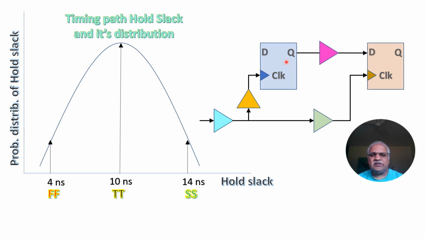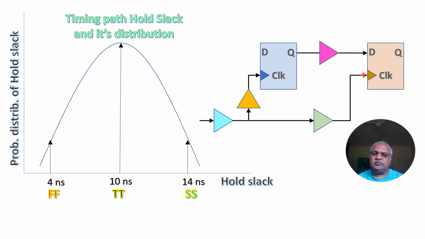This is the launch clock path register, and this is the capture flop. The data will move from here, clock to Q, and reach here, and then we ensure whether the hold value is met or not.